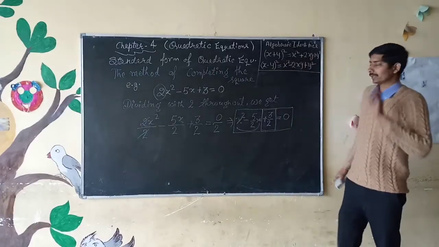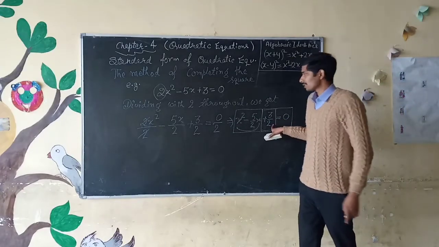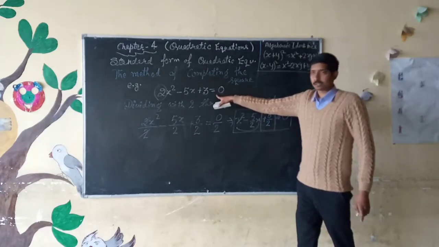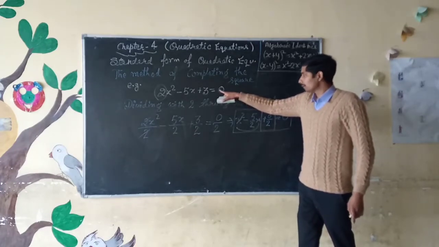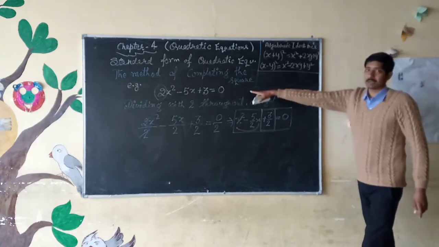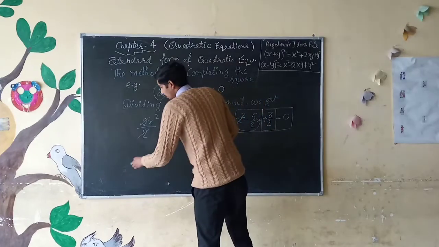And remember one thing, this quadratic equation is the same as the given quadratic equation, because if we again multiply this quadratic equation by 2, we get that same particular quadratic equation. Clear?